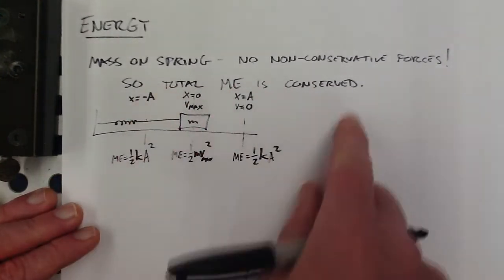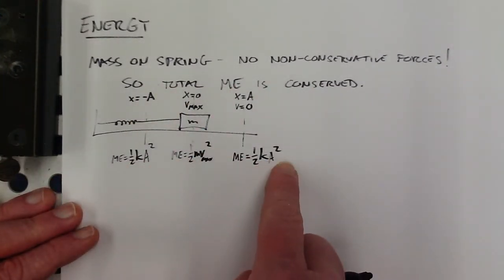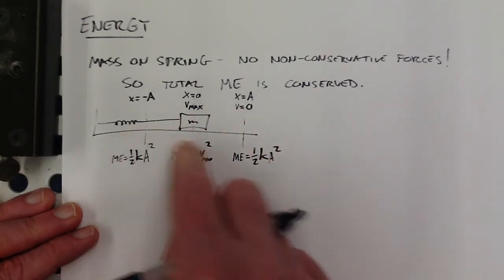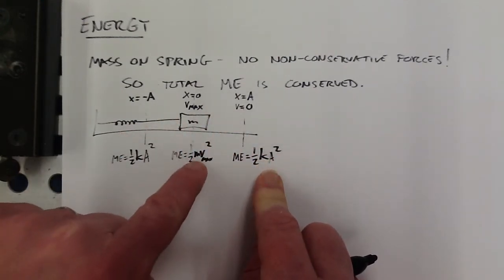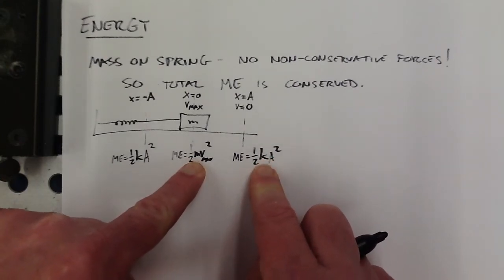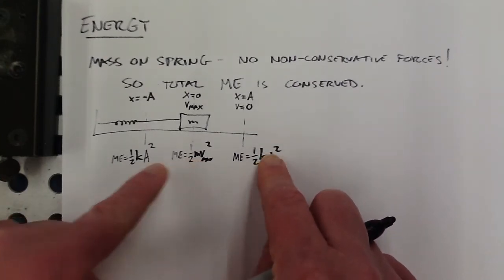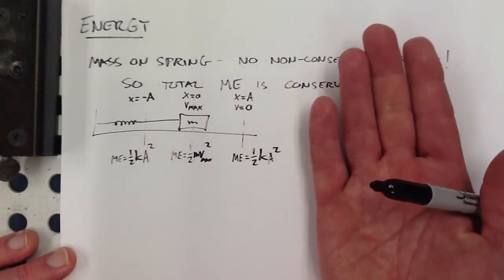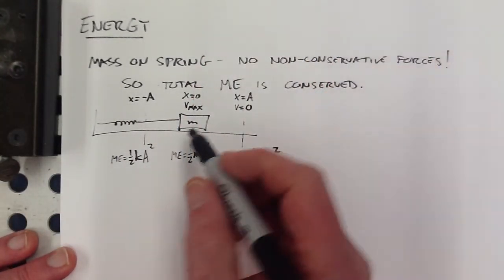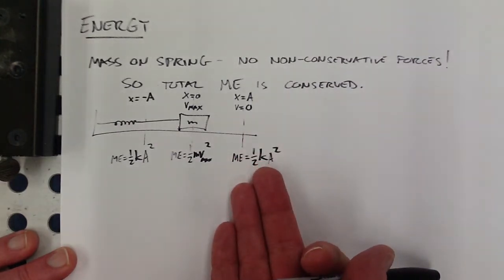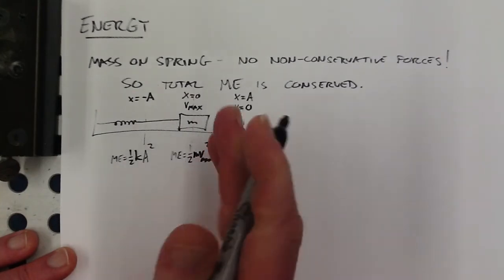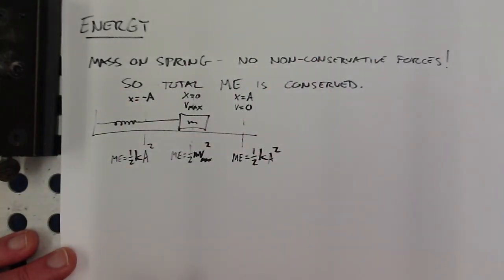But all these mechanical energies are conserved, so these things are always equal to each other. And at any other point in between, it's a mix of kinetic energy and potential energy, but they always have to equal the same total. So if you know what the maximum velocity is, then you know the total mechanical energy. If you know what the amplitude is, then you know the total mechanical energy. And then you can find out velocities for points in between and stuff like that.